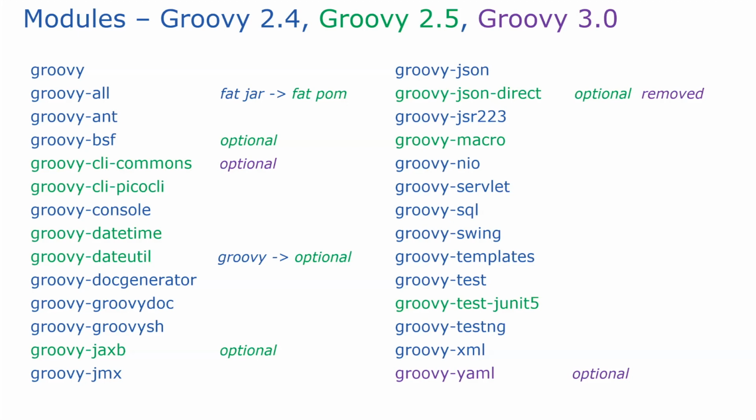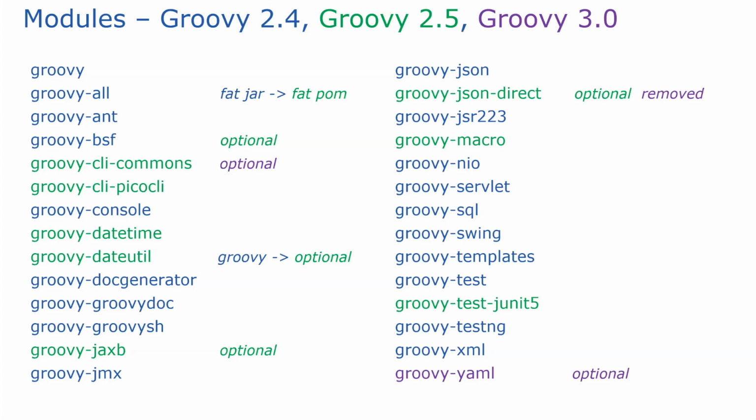There's some new CLI stuff, and so on and so forth. A new module, the YAML module, is coming in Groovy 3, which we'll see a little bit later on. The CLI builder that is in Groovy 2.4 is based around Commons CLI.